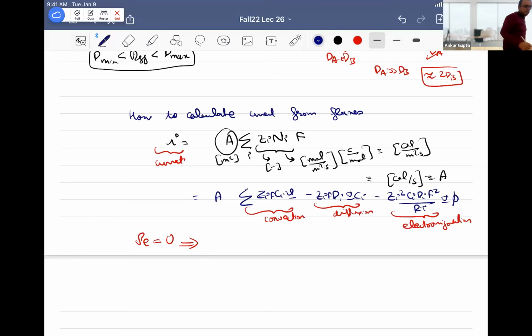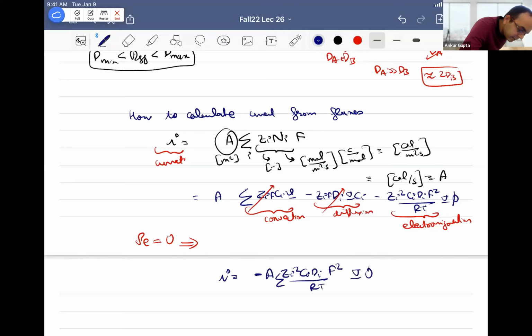So this goes away. And this goes away, because I can take that inside the gradient now. So all you are left with really is current is equal to area times minus z_i squared c_i D_i F squared by RT summation grad phi.